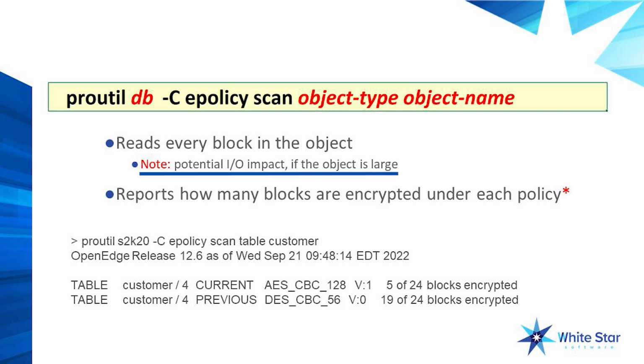It's got a current policy of AES 128, a previous policy of DES, and this tells you how many blocks there are and how many are encrypted under each cipher. There's an asterisk I put there because it's stretching the truth a little bit. As I said on an earlier slide, not all blocks get encrypted, but it's fudging that, and making the numbers add up to every single block in the object, even though it's not actually doing that. Anyway, the ones that need to be encrypted are encrypted. That's the point.